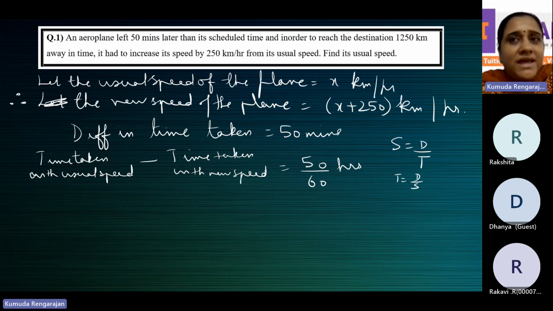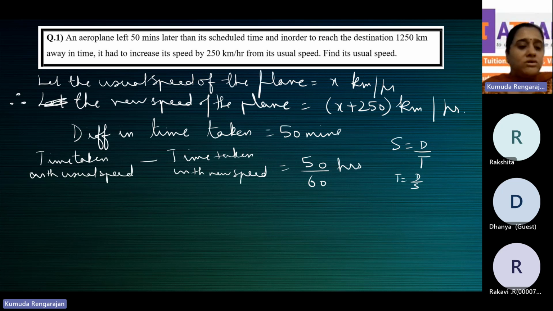The time taken with the usual speed is more. The time taken with the new speed is less. It reaches faster. So the difference in time taken is 50 minutes or 50 by 60 hours.